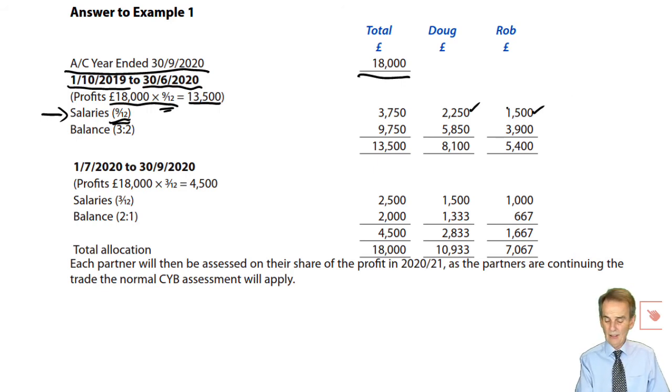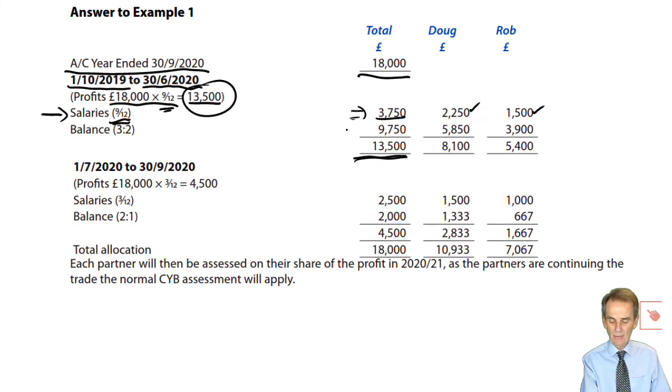Add the two together, 1,500 and 2,250, is a grand total there of 3,750. 3,750 out of an available profit of 13,500. Therefore, if we've already accounted for 3,750, what is the balancing figure to be split in that profit sharing ratio? Answer, 9,750.